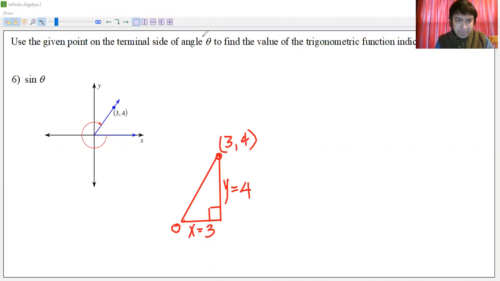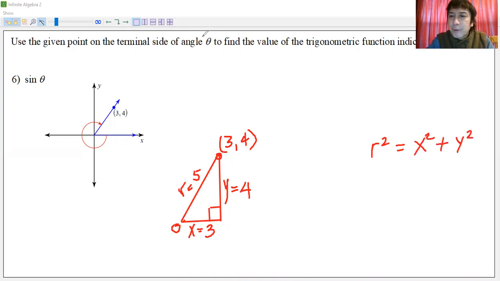And we need the r here, because the sine function uses the hypotenuse. For a triangle with legs 3 and 4, the hypotenuse must be 5. So r here is 5. If you're not familiar with this triangle, r squared is equal to x squared plus y squared.